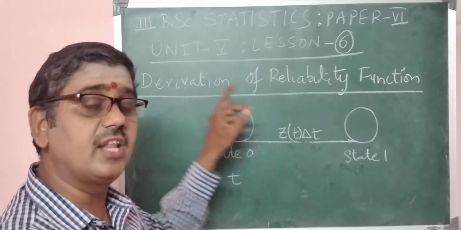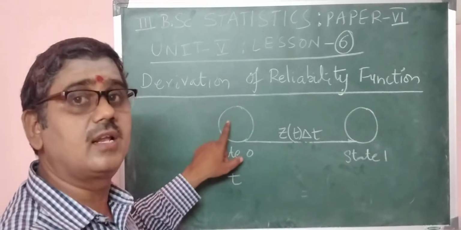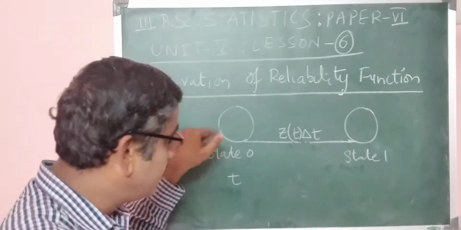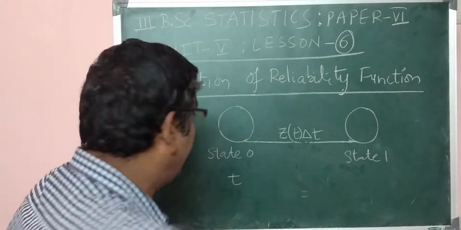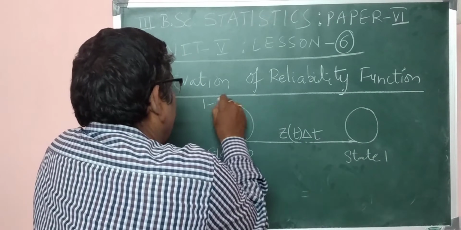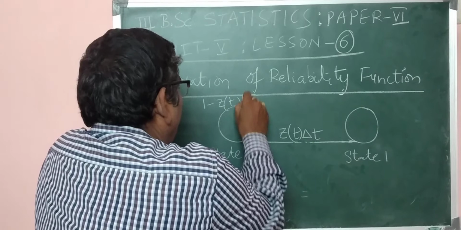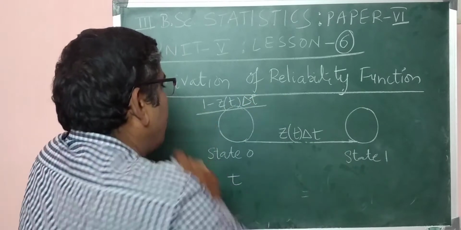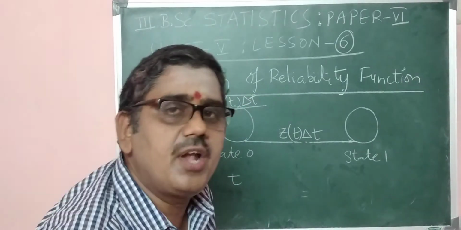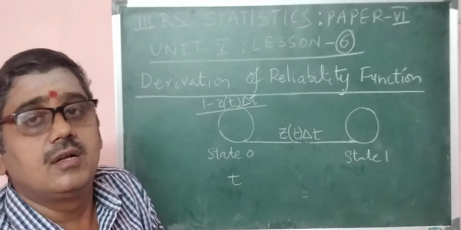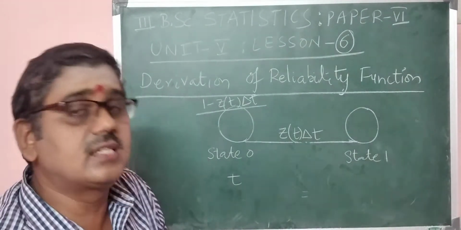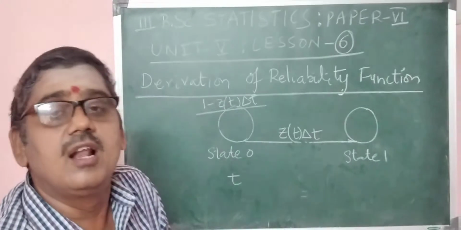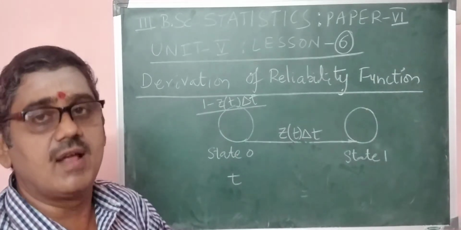If it did not fail in the time period delta t, then it comes to state 0, and I am writing here 1 minus z of t into delta t. So this is the probability of a component surviving in the time period t as well as not failing in the time period delta t as well.